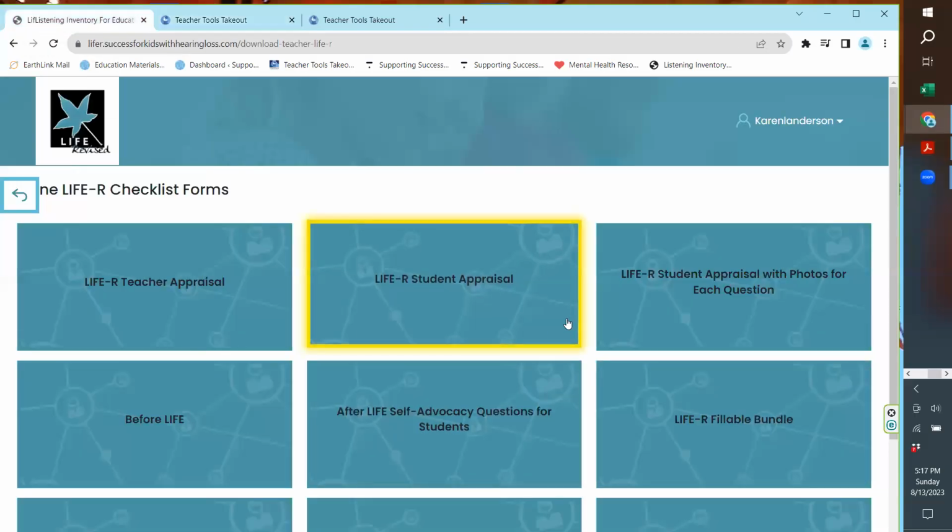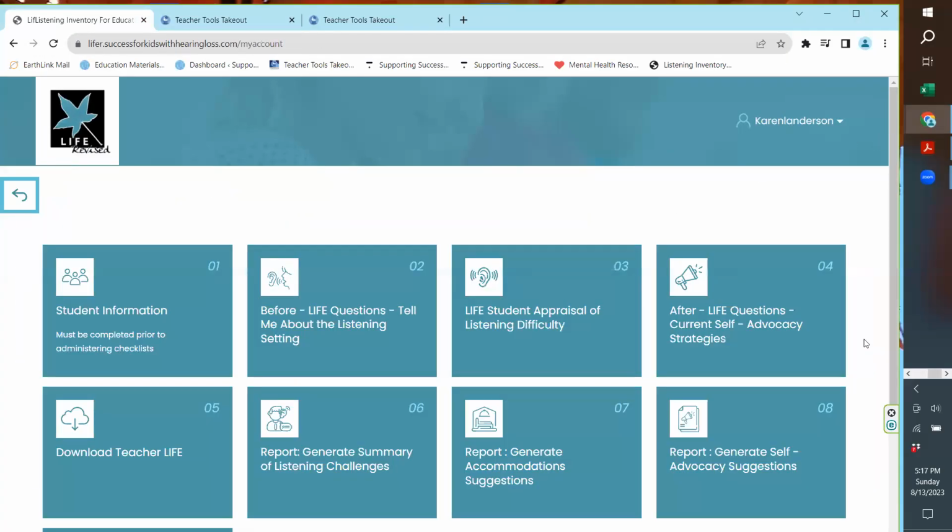So the LIFE-R site and being able to do this with your students is our gift to you. There's no charge, there's no fee at this point for teachers or anybody, parents, to log in and work with their children or their students to get this information that should be very helpful in team meetings and in planning for intervention for our students who are deaf or hard of hearing.